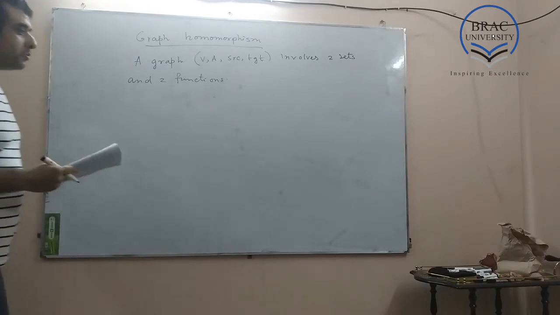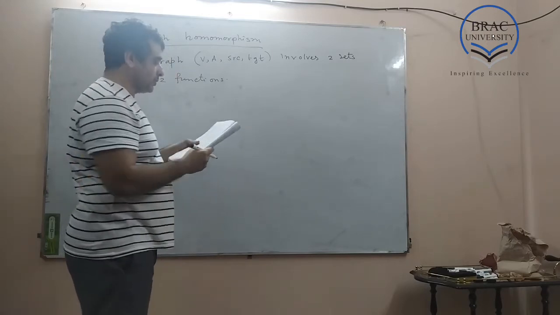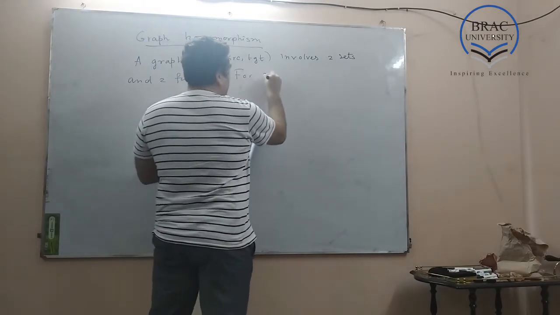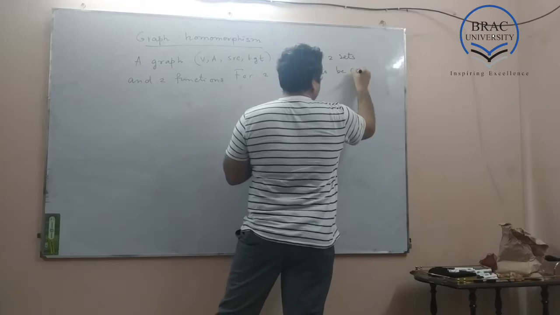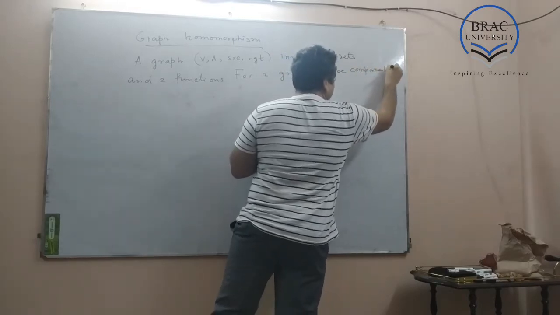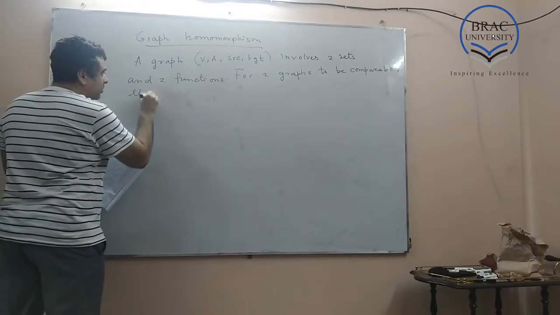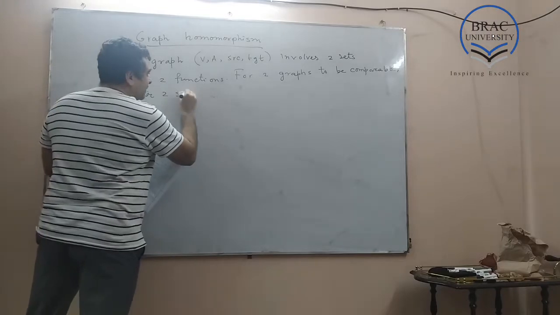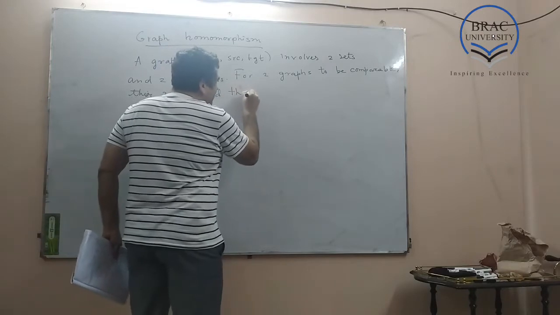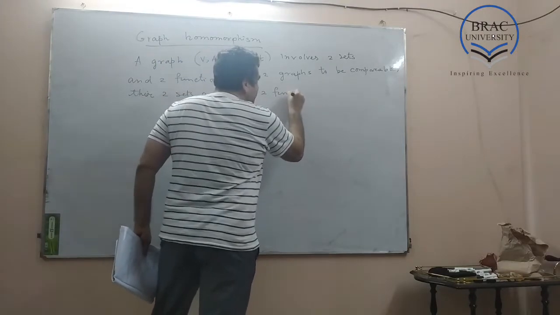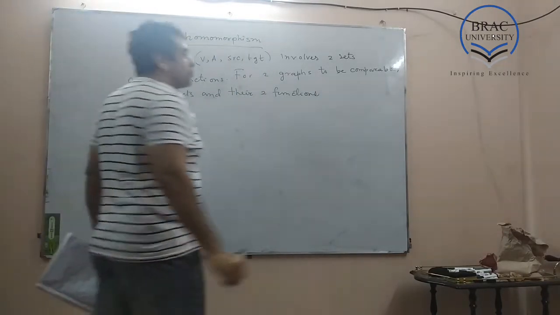Now, what does it mean for two graphs to be comparable to each other? For two graphs to be comparable, their two sets and their two functions should be appropriately comparable.